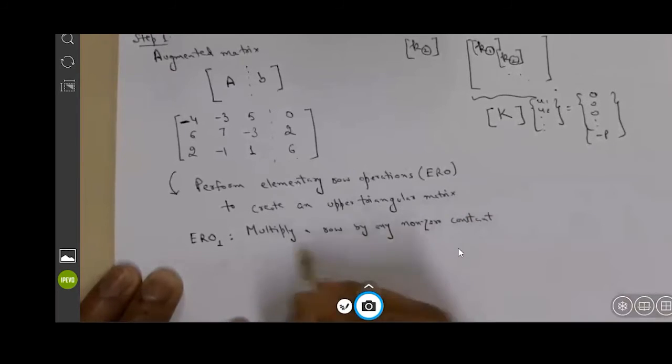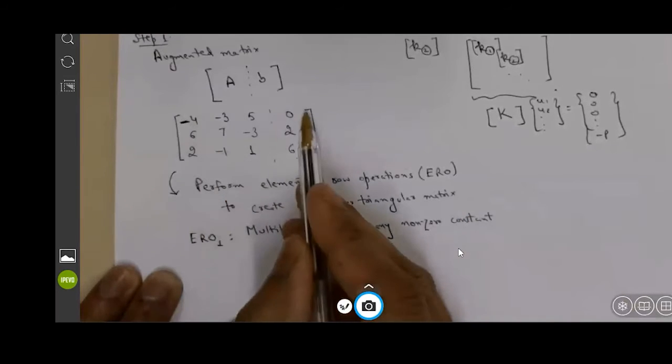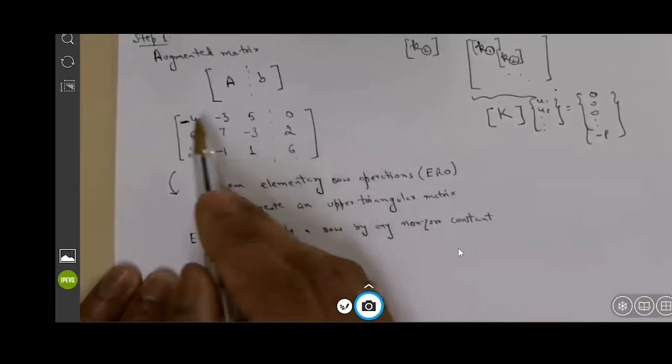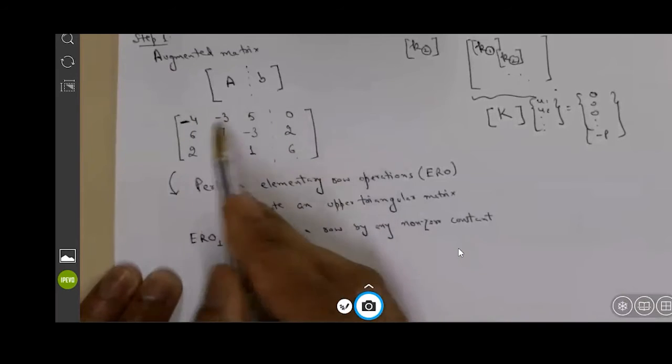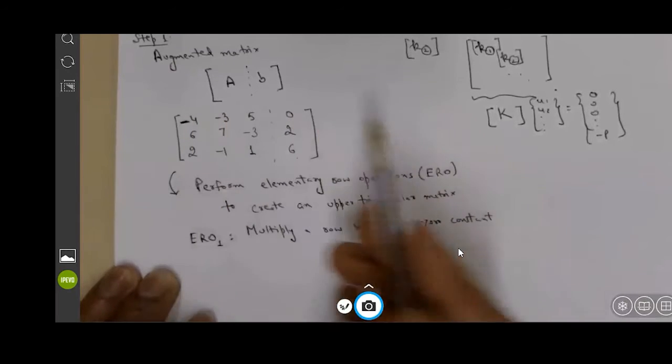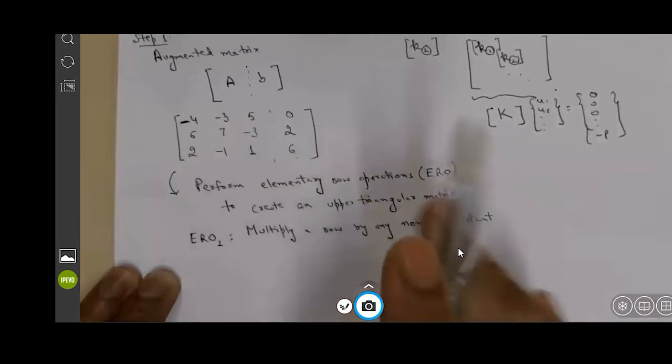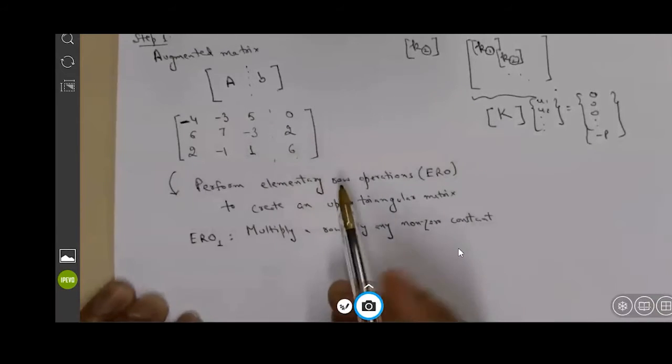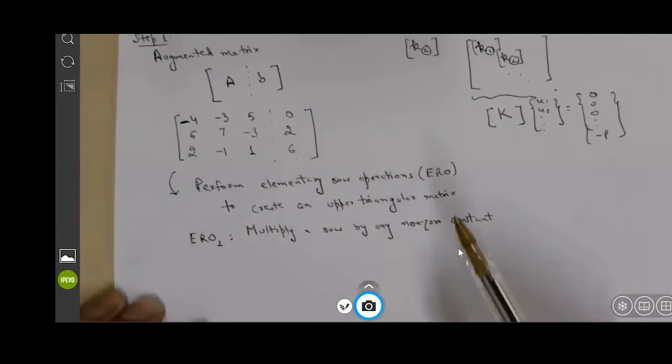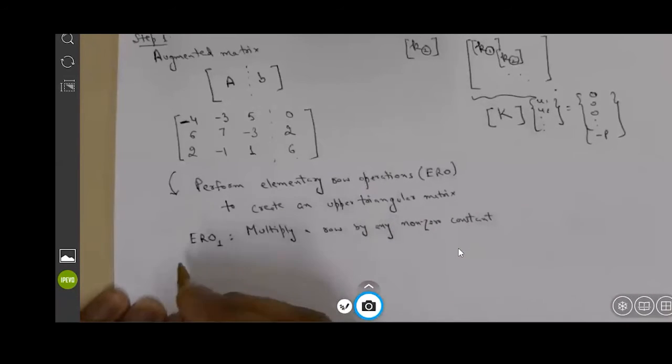When I say multiply a row, that means all the elements of this row. So I can multiply this row by 2, 3, -4, -6, whatever number you like. The system of equations will not change. It will remain the same.